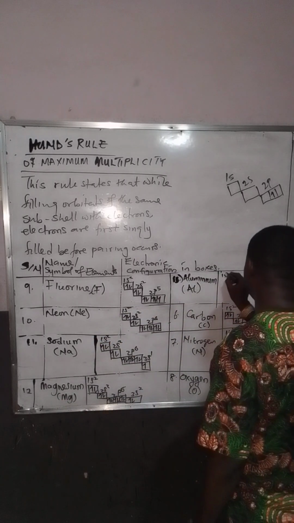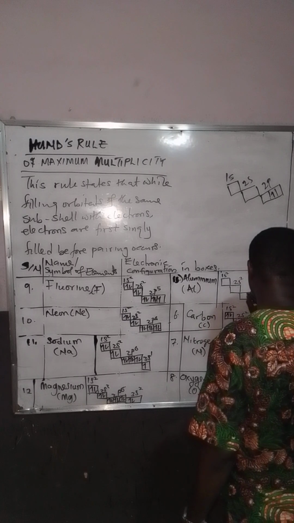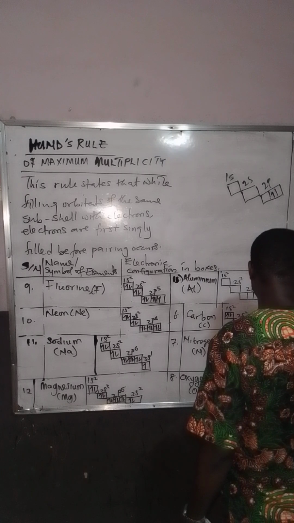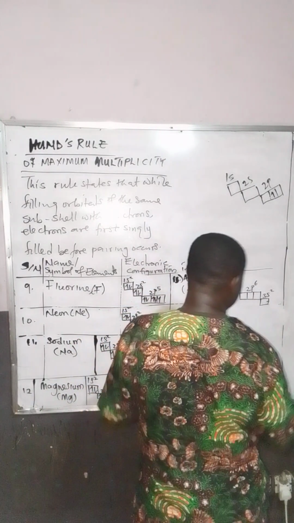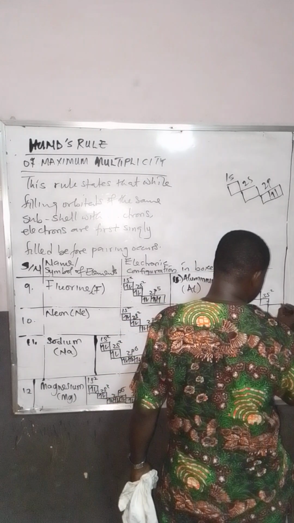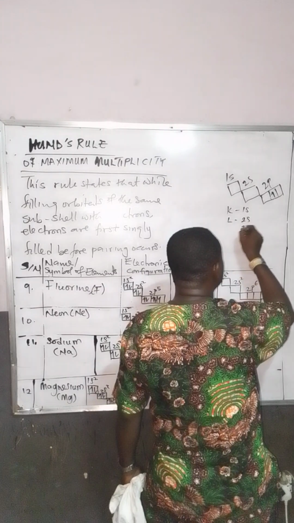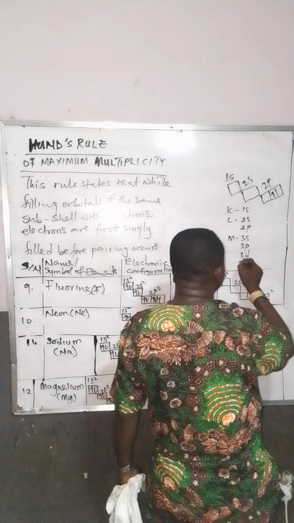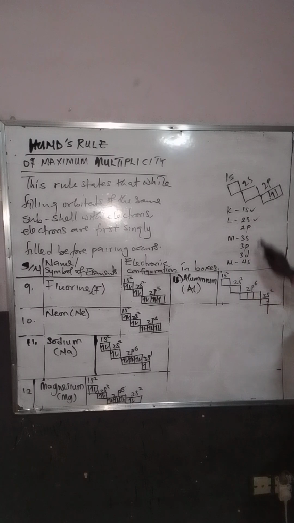So this one is 1s2, 2s2, 2p6, 3s2, then after 3s, don't forget we have K, 1s; L, 2s, 2p; then M, 3s, 3p, 3d; then you have N, which is 4s. So after 2p is 3s. After 3s is 3p.